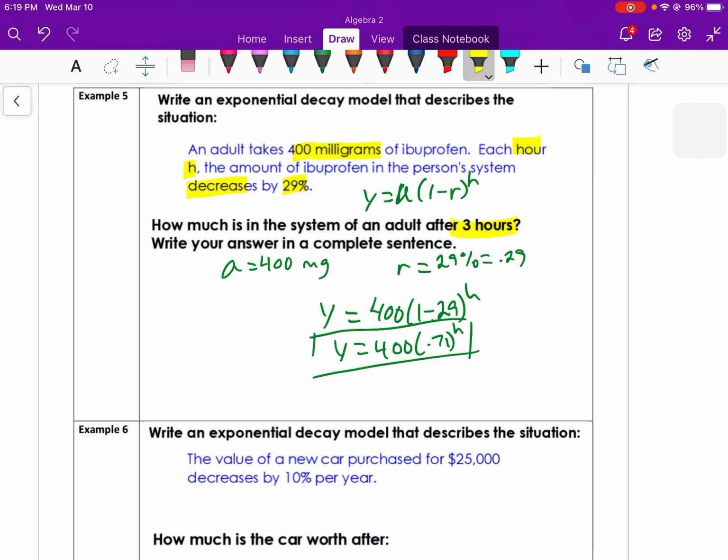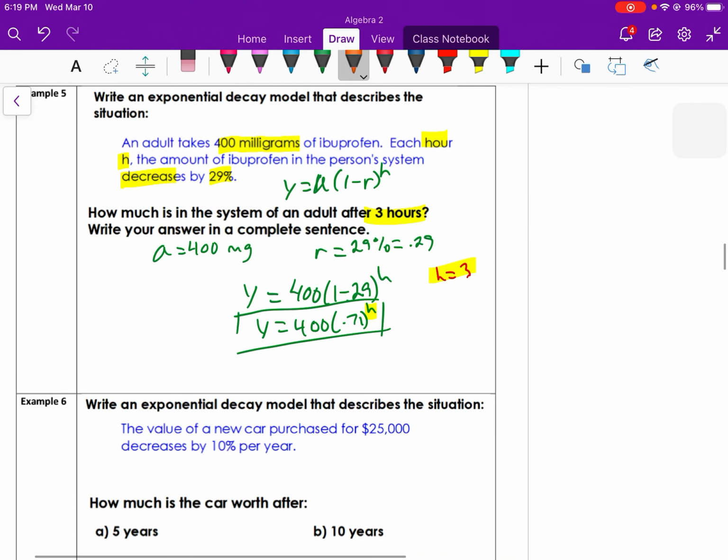Now, when we know what h is after 3 hours, so h equals 3, we can plug that in and solve for y, because then we will know how much is in the system of an adult after 3 hours. So y equals 400 times 0.71 to the third power.